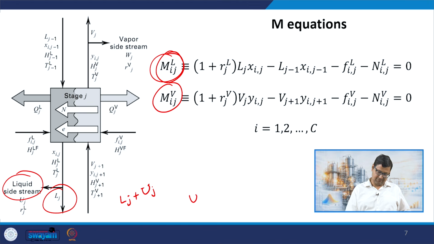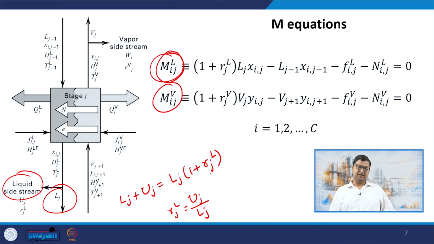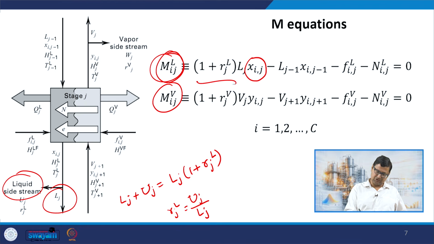Using Uj by Lj as my Rjl, this can be written as Lj into 1 plus Rjl, right. This is multiplied with the mole fraction of component i in stage j, in the liquid phase it is already x, right. So, this is the amount of component i that is leaving in the liquid stream here, right.